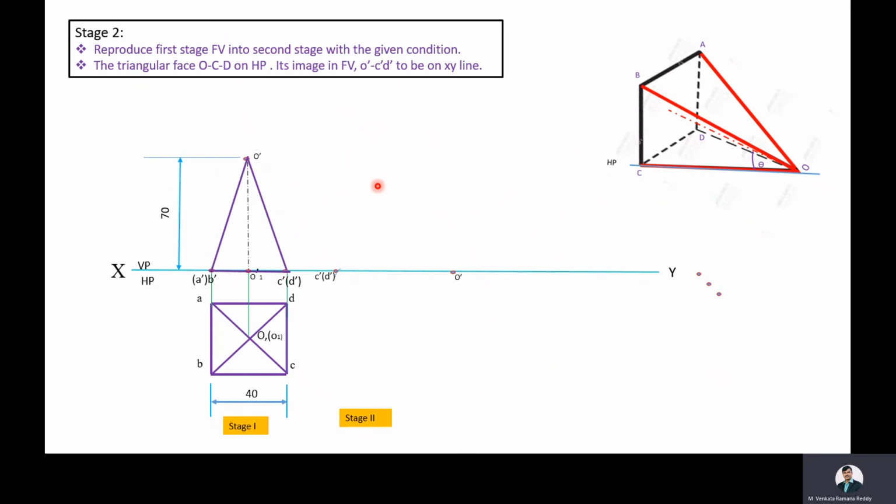Then locate the intersection point and name that intersection point as A dash. After that, join B dash O dash, B dash C dash, C dash O dash.